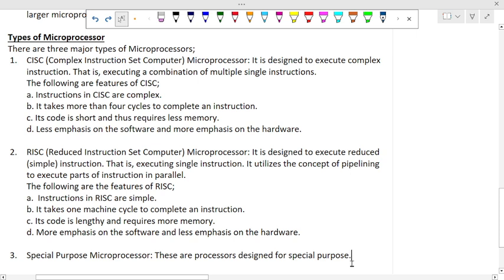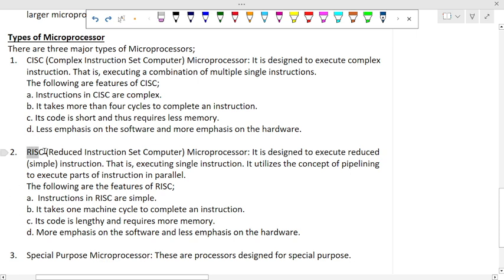Simple as that. That includes co-processors, meaning a processor that works with the microprocessor. Example, microcontrollers, that is Arduino, Raspberry Pi, ESP, and things like that. So just leave that there.